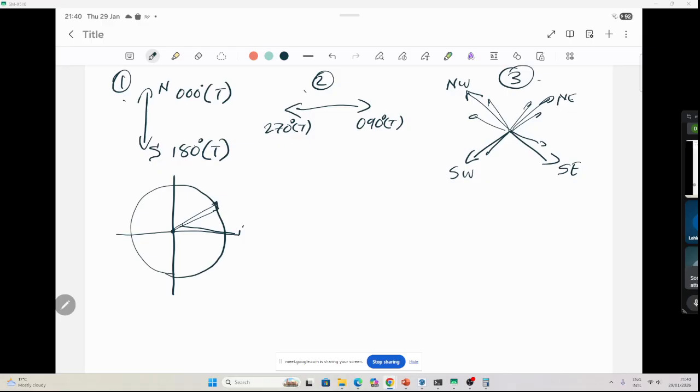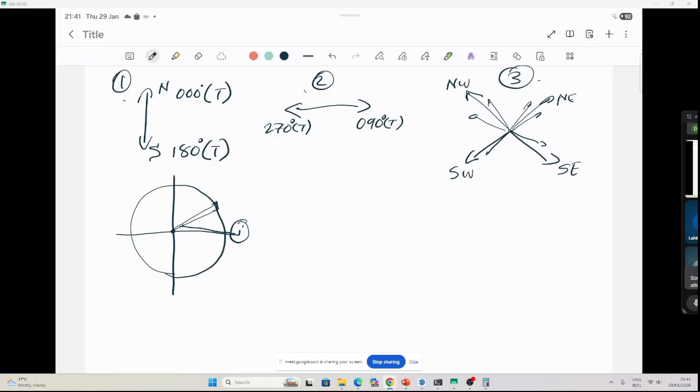This is 1 minute of arc of the meridian, along the meridian. So if we have 1 minute, we consider it as 1 nautical mile.